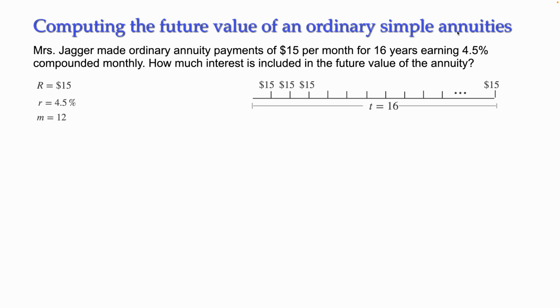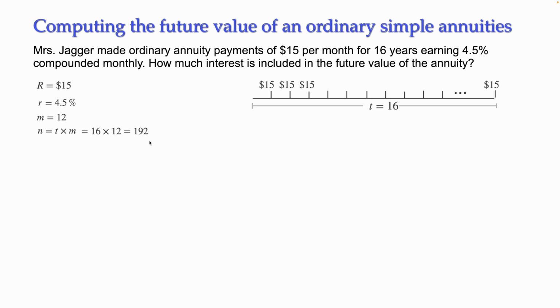This is a simple annuity. N will be the time multiplied by M. So 16 years multiplied by 12. To know how many payments in total, 16 times 12 is 192.